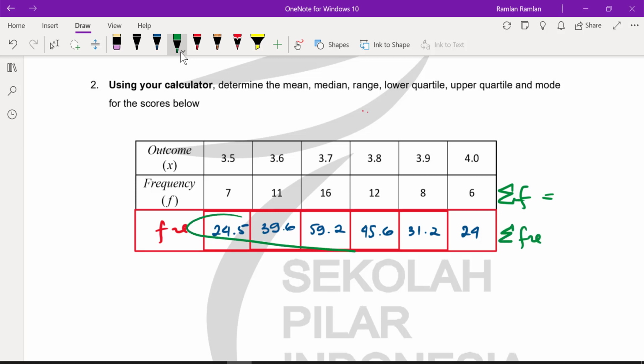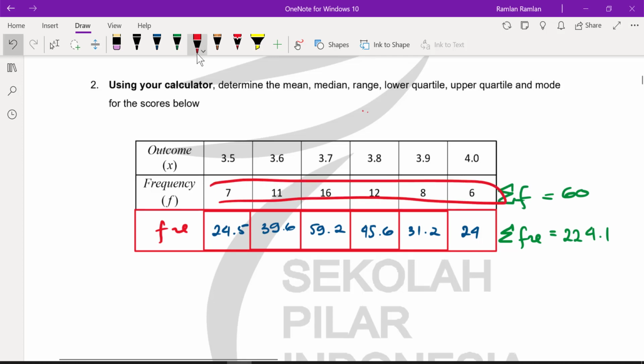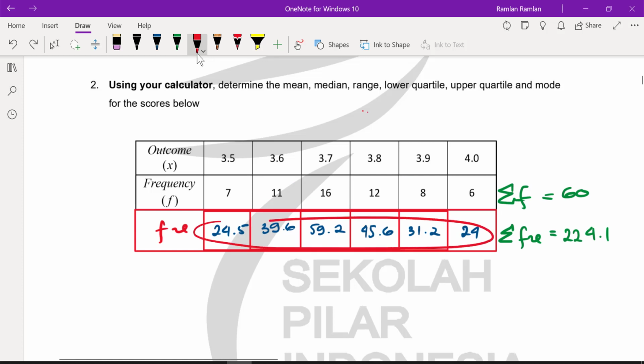You just add all of these data, so you can use the calculator for this one. If I add all of these values, I will get 60. If I add all of these values, you will get 224.1. So those two are going to be very crucial for us to find the mean.